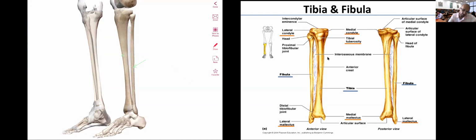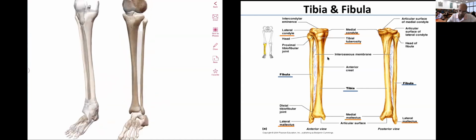So rather than having only the tibia for me to attach the muscles to, I would have another bone which creates more surface area for more muscles to be attached. But the fibula itself doesn't carry any body weight. No body weight would be carried down by the fibula. It's too weak to carry any of the body weight.